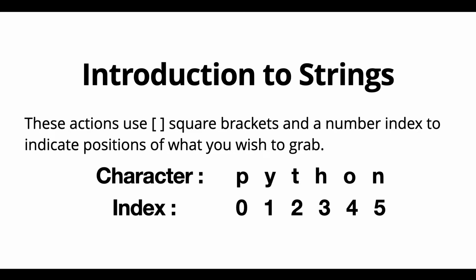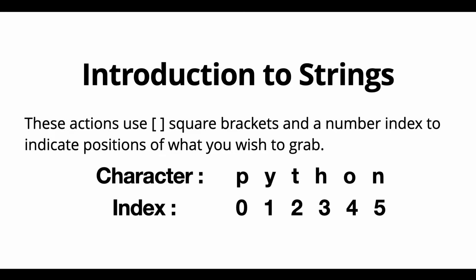Indexing is the term used when you want to grab a single character from the string. The way this works is that every single character has an index position assigned to it, and you start at 0. Another important note in Python is that indexing starts at 0.